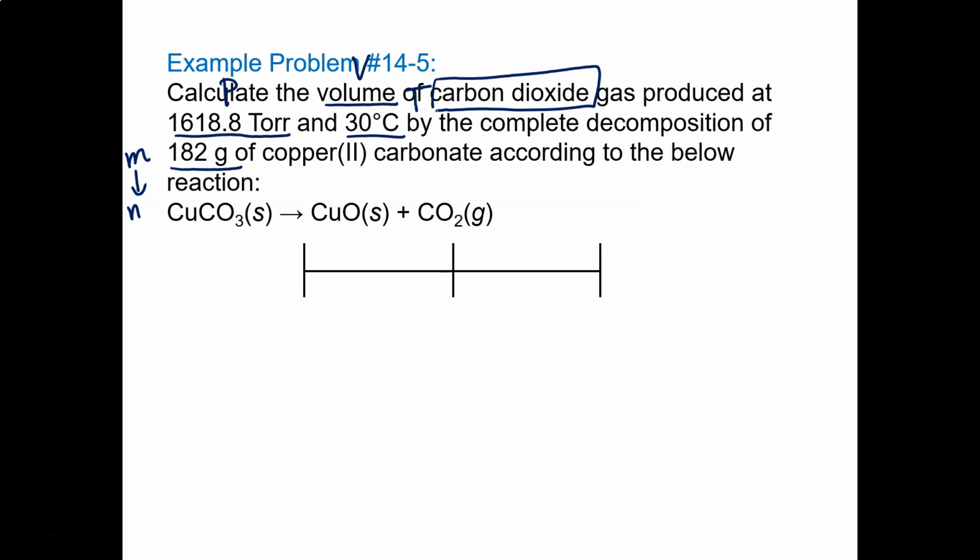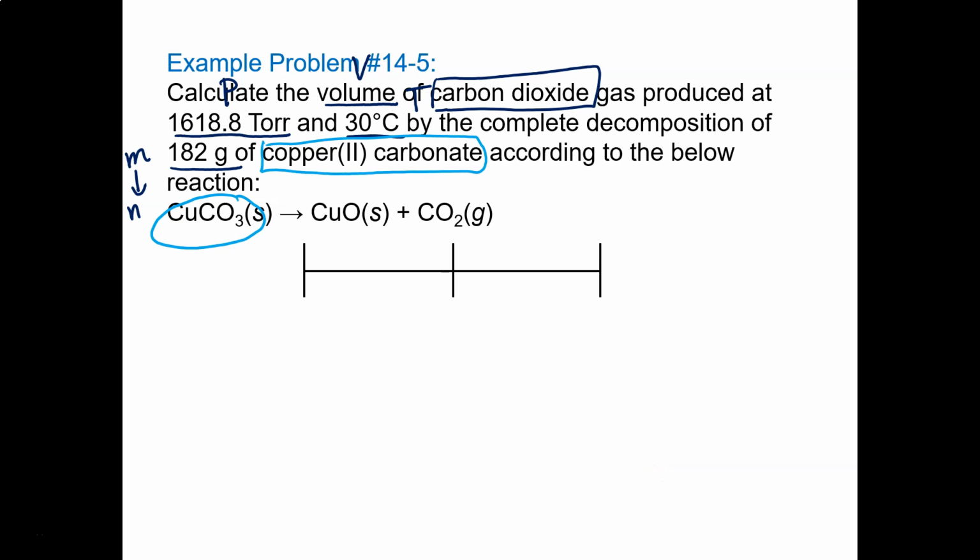So out of the 4 different pieces of information I just underlined, which one of those does not belong to carbon dioxide? 182 gram does not belong to carbon dioxide. And in fact, it belongs to copper 2 carbonate, which is this. So this is how you know you have to do stoichiometry, because they give you gram of one chemical, but they're asking you for the volume of a different chemical.